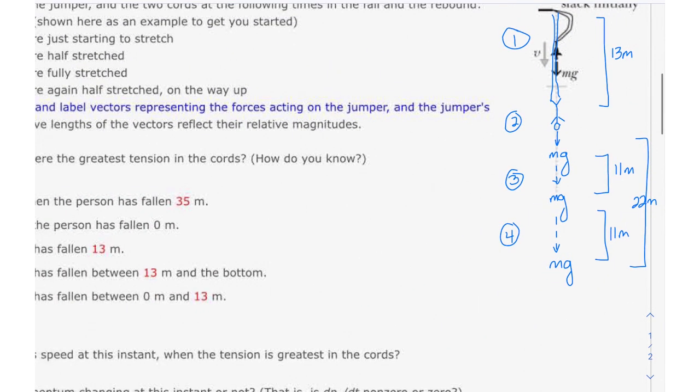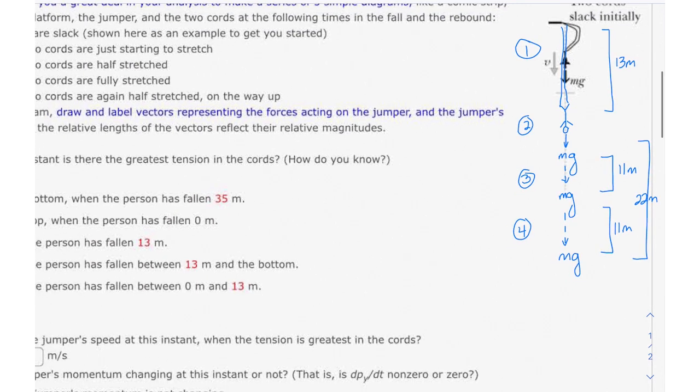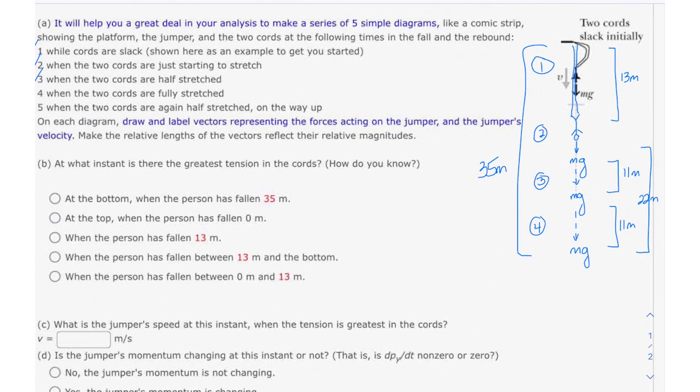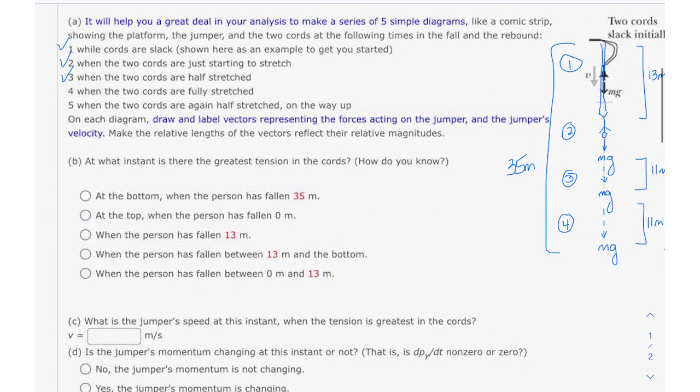That's the additional stretch plus the length of the cord. So in total from our platform for those first 4, that would be 13 and 22, which is 35 meters below the platform when they're fully stretched.